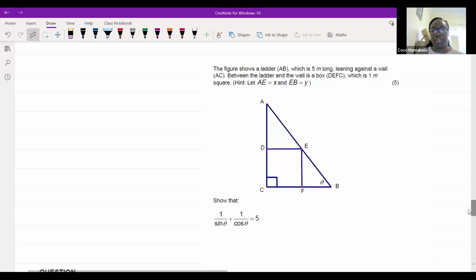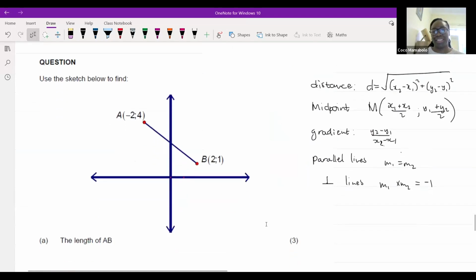Is this it? The midpoint one. Okay, here it is. This is the midpoint one. All right. Okay.